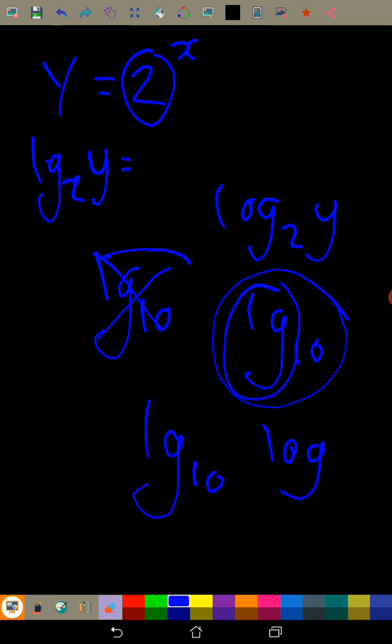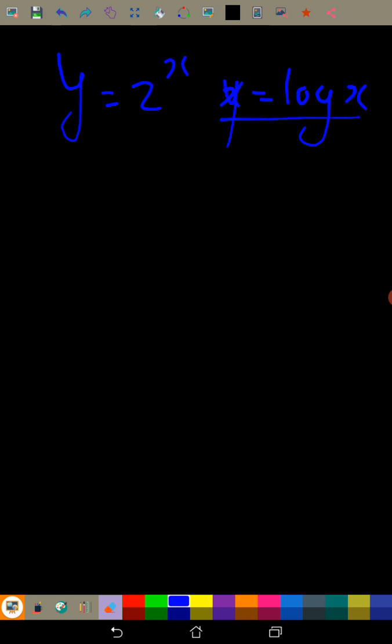But if we're using a different base, we should use log, not lg. And so the green graph shows a logarithm to the base 2 because the blue graph shows 2 to the x. We saw that 2 to the x becomes x is equal to log y, the inverse. Sorry, here it's y then.